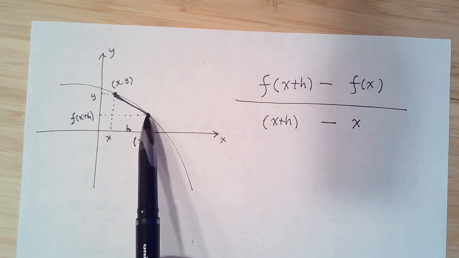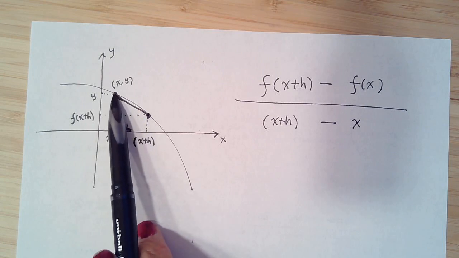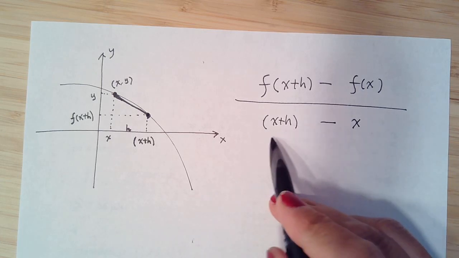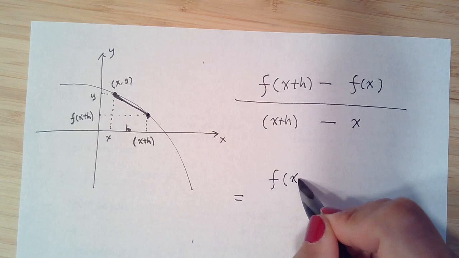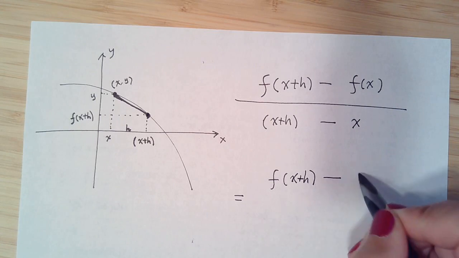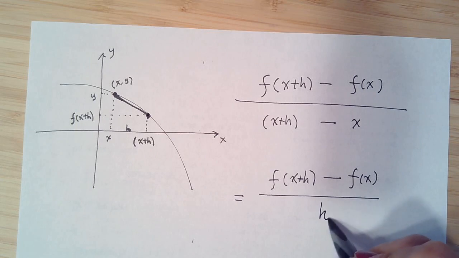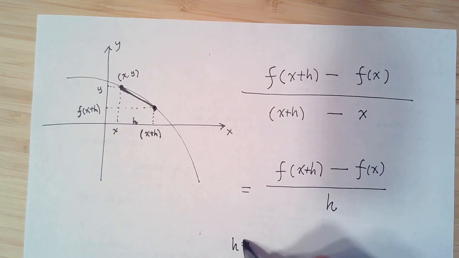So that's from here to here, a difference, and from here to here, a difference. So x plus h minus x, that x gets cancelled, and we have an expression of this. And there's a special name for this when h is not 0.